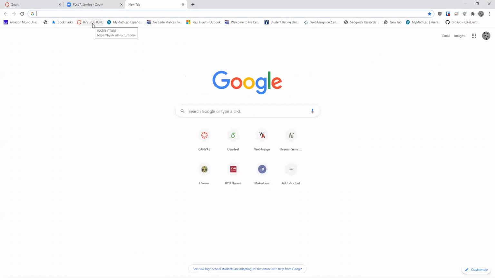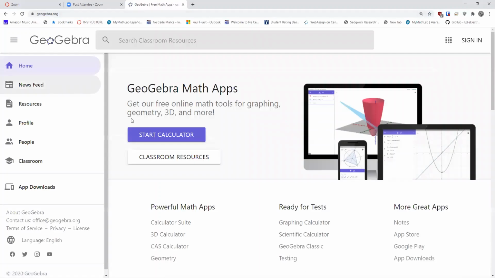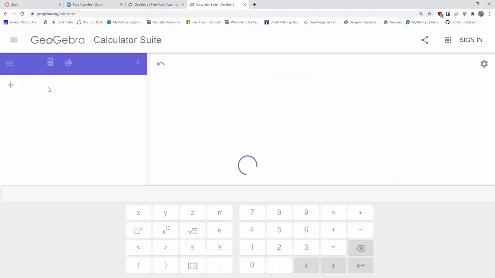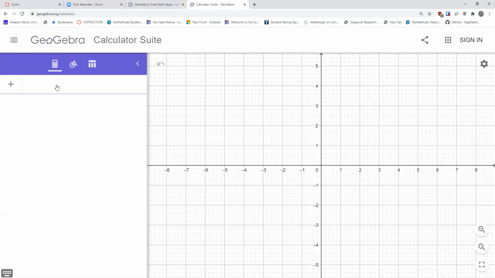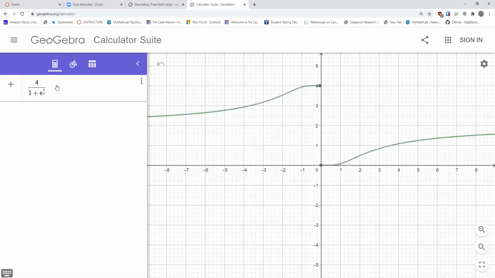Okay, so what I'm going to do is go to GeoGebra.org. That's the graphing calculator that I'm going to use for this course. Start the calculator, and then just input the function. So 1 plus e to the 4 over x. Notice as you put this in, it pretty much graphs it over here, and you can see that the answer is going to be the last one.